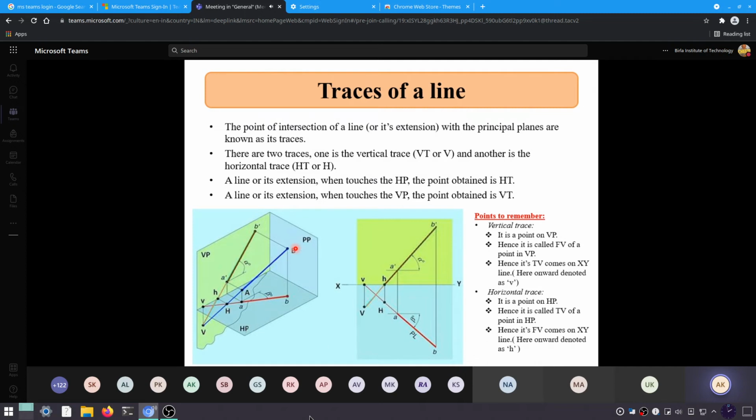So this is our true line which is inclined to both the planes. When it meets HP, it will give you capital H, right? At the same point, your top view is also meeting the blue line, right? Is this thing clear?